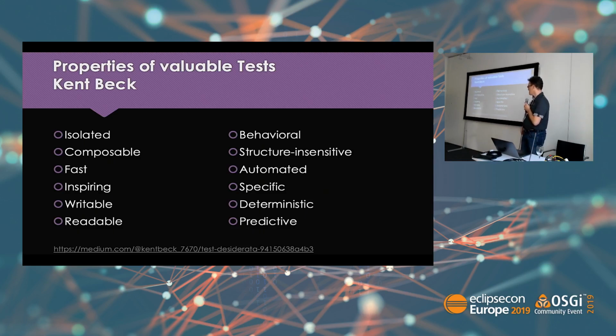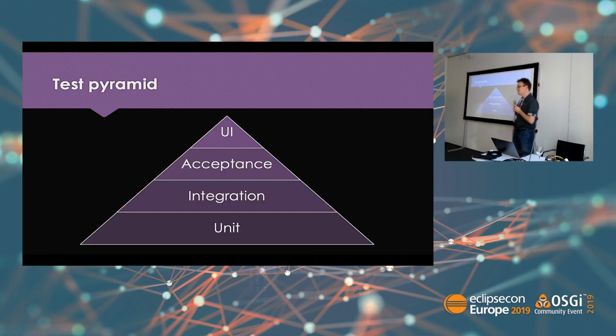Also important, tests of course should be automated. We want the tests to be run, or at least most of the tests, before every commit. But this is of course all not really OSGi specific. The same for the test pyramid, should also be quite familiar for everyone.